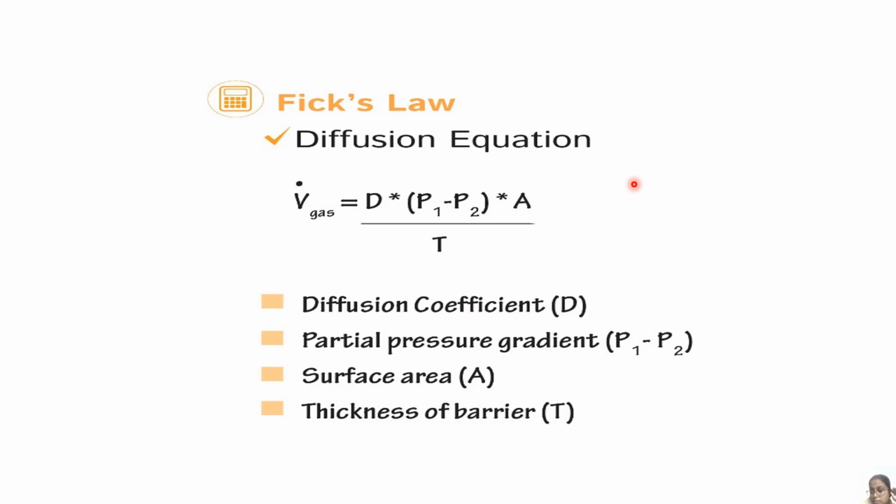So if you see, this is the diffusion coefficient, this is the partial pressure gradient, this is the surface area, and it is inversely proportional to the thickness of the barrier or membrane, right?